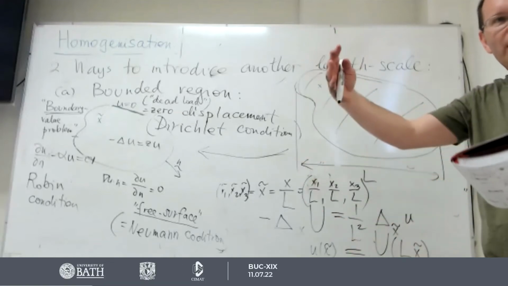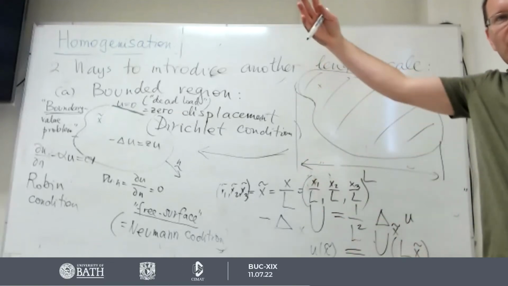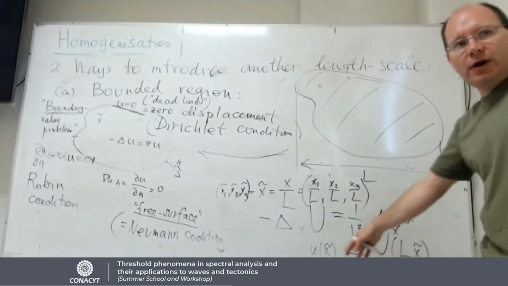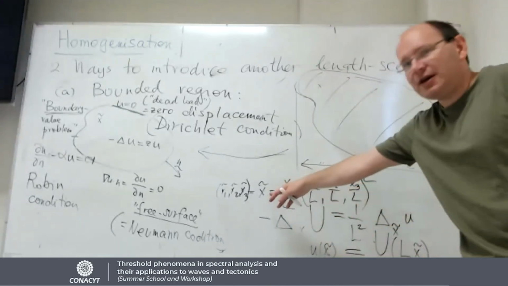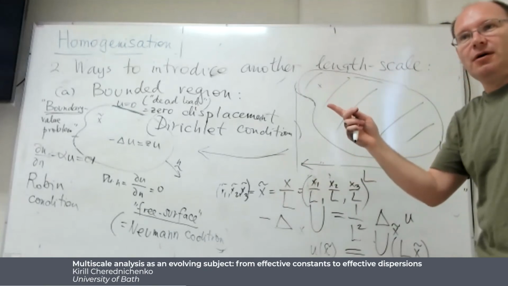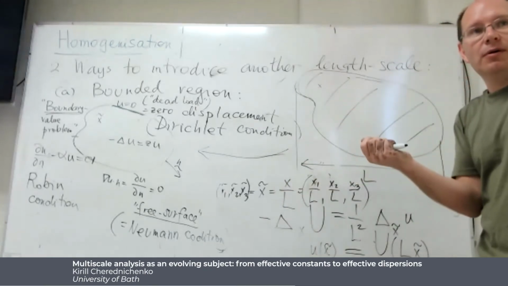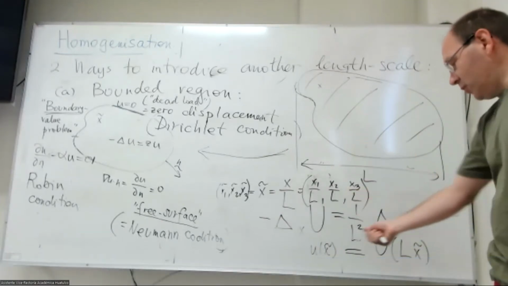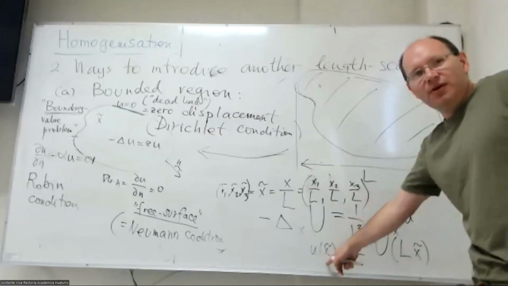Just take coordinates, stretch them somehow. Think of this as a stretching factor. And you get new coordinates, but physically what it means, since the stretching factor was a dimensional quantity measured in meters, after stretching we will get a non-dimensional quantity, x tilde.